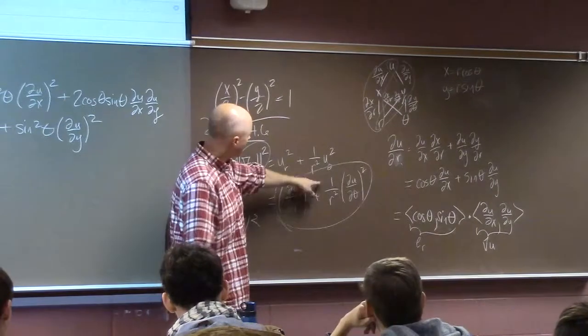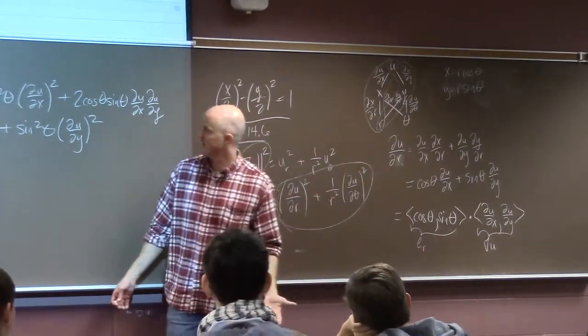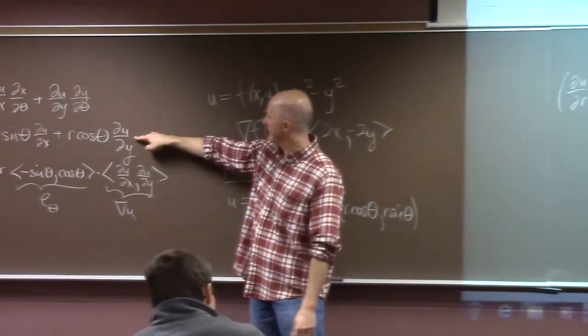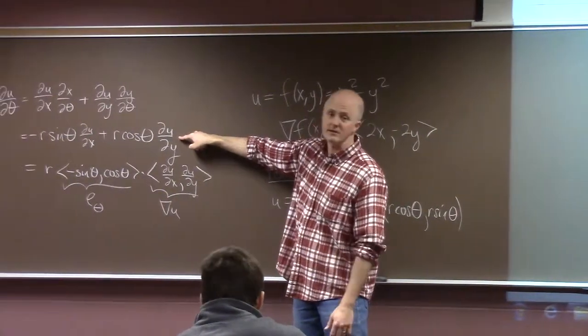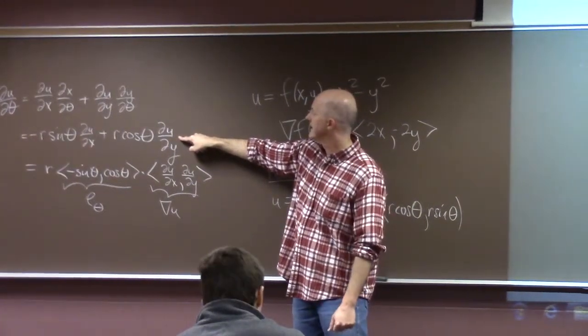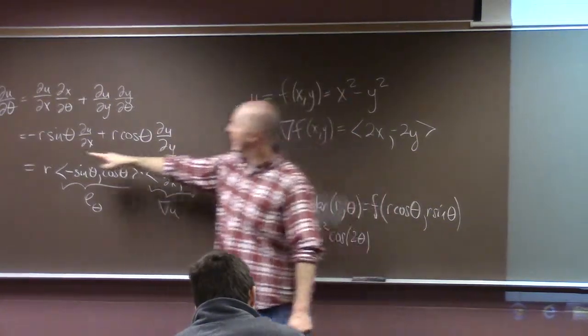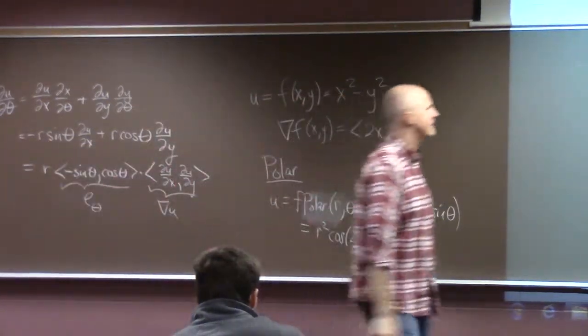When I use this 1 over r squared times du d theta squared, the r's cancel. We square this back over here, you get a factor of r squared. That'll cancel with the 1 over r squared. And you can effectively square this without the r's. Notice the minus sign, though, that's important.